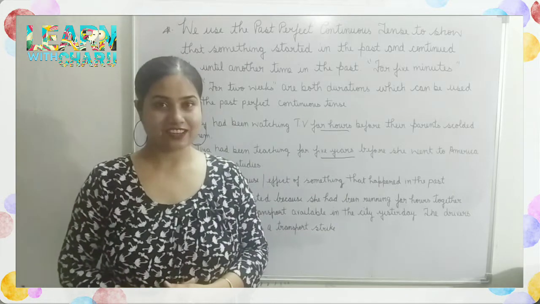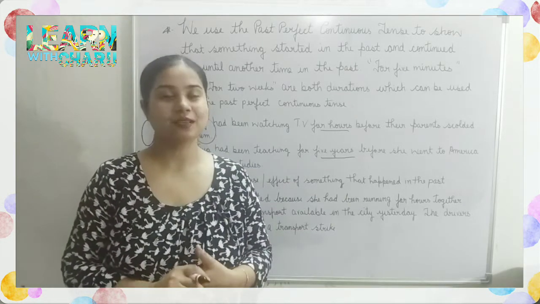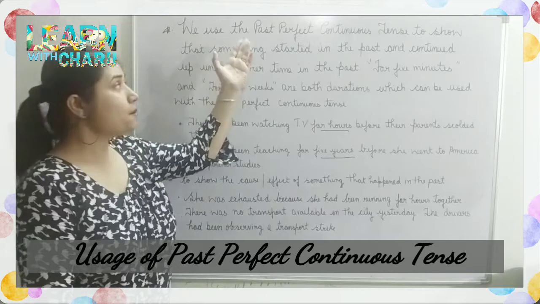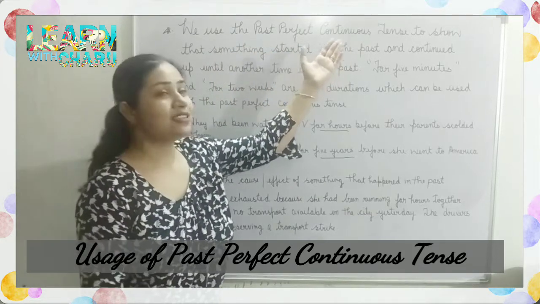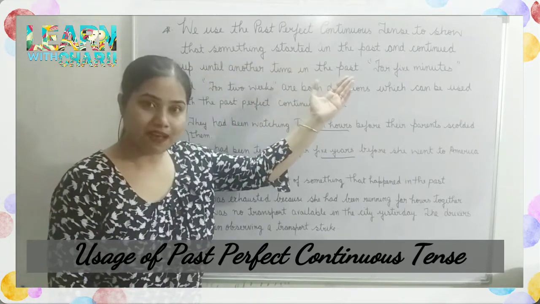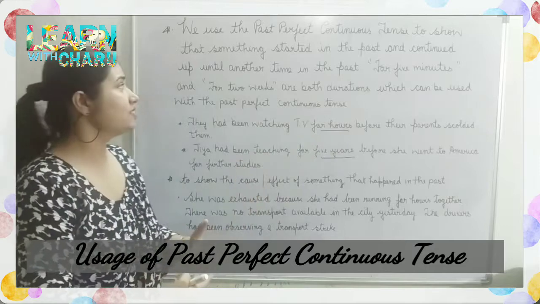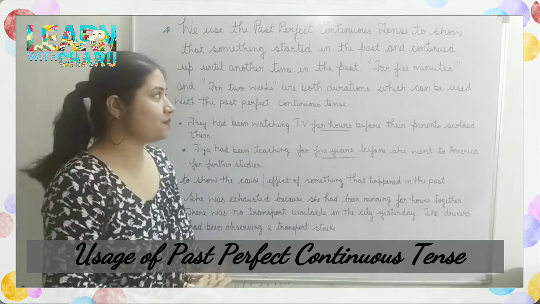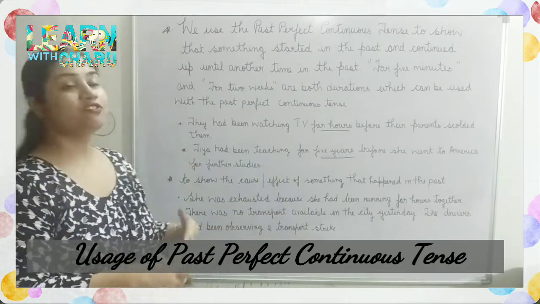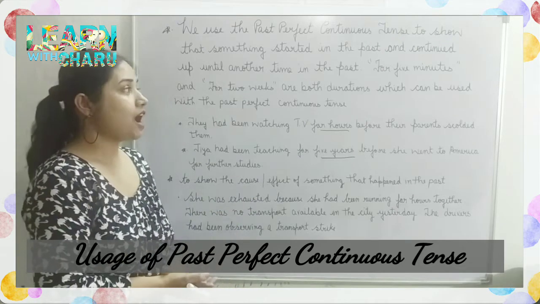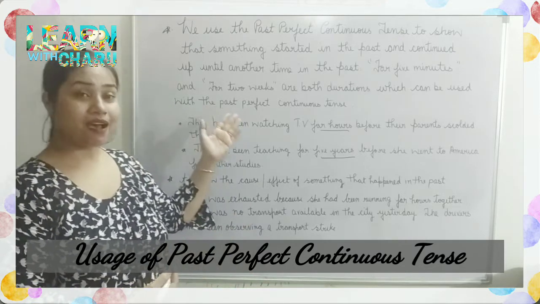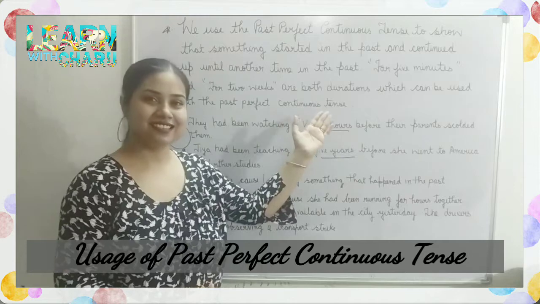Now, let's understand the usage of past perfect continuous tense. We use the past perfect continuous tense to show that something started in the past and continued up until another time in the past. For 5 minutes and for 2 weeks are both durations which can be used with the past perfect continuous tense.